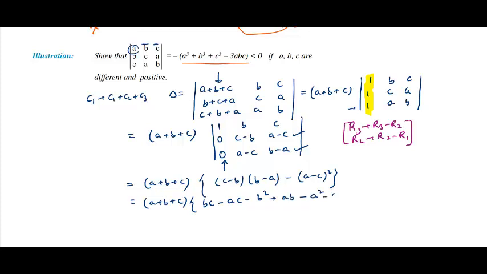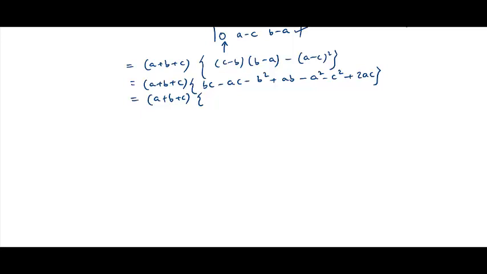minus a square minus c square plus 2ac, and if we simplify this you get a plus b plus c times a plus b plus c times bc.